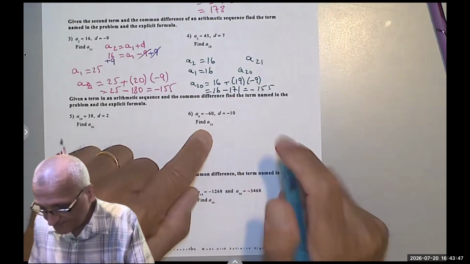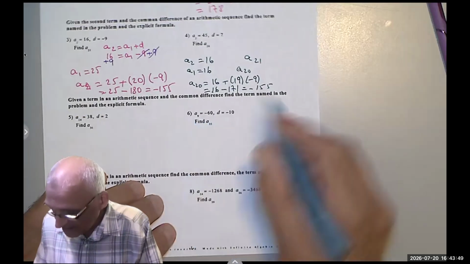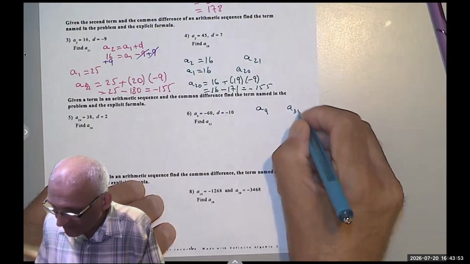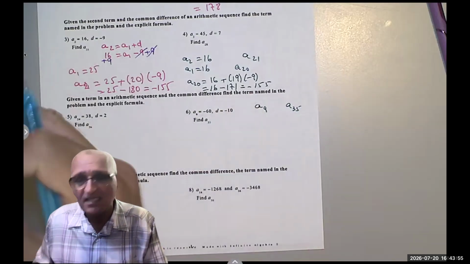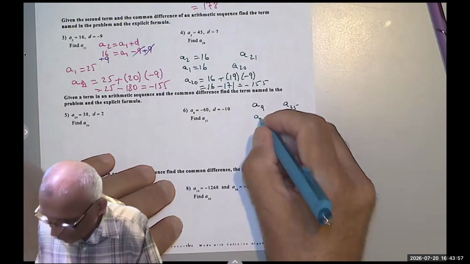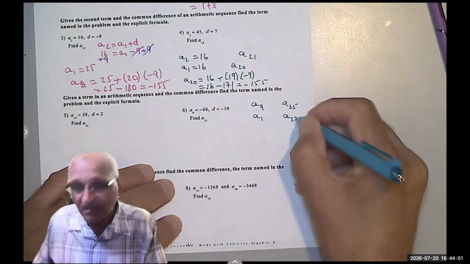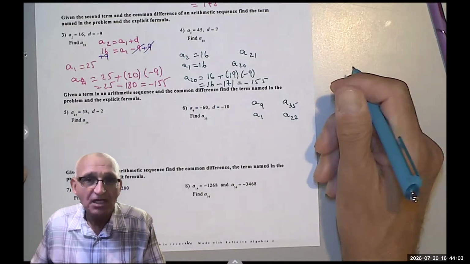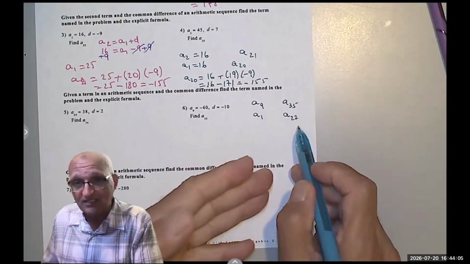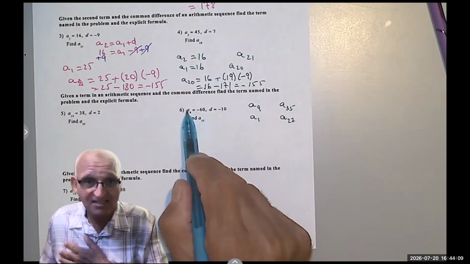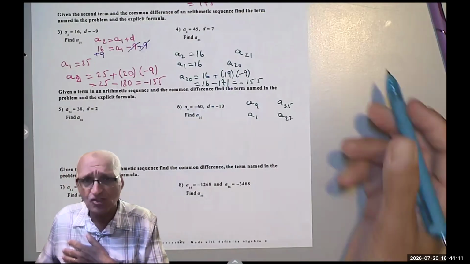Same thing here. They give me a sub 9 and they want a sub 35. This is exactly the same as if they gave me a sub 1, 8 below, and they want a sub 27, 8 below. So even though I'm not looking for a sub 27, if I assume this is a sub 1, I can solve it.